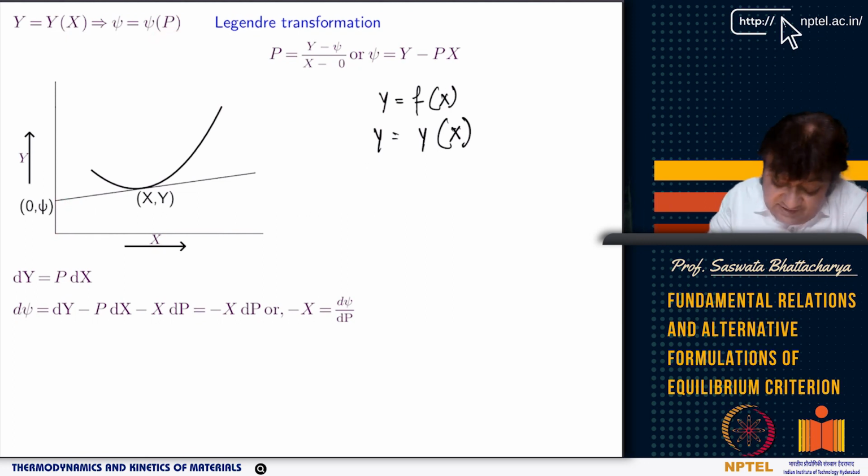You draw a tangent at some arbitrary point x comma y, with intercept 0 comma psi.